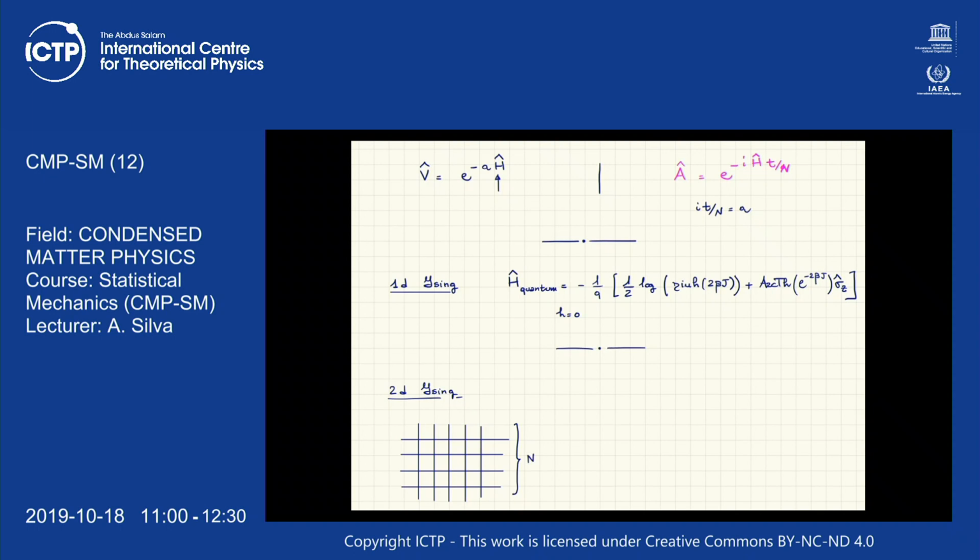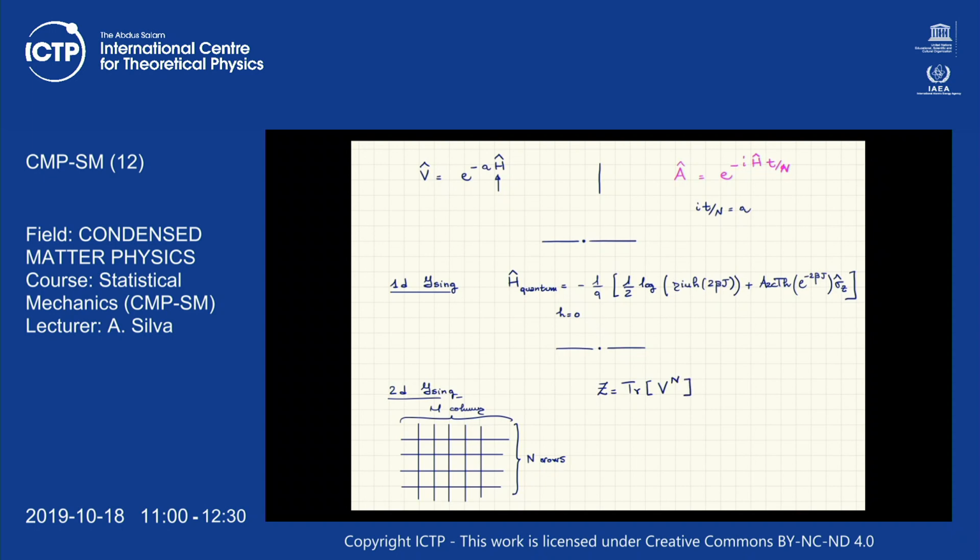where here I have n rows, and here I have m columns. Okay, so in this case, you can build up the transfer matrix. You can write your partition function Z as trace of V to the power n.